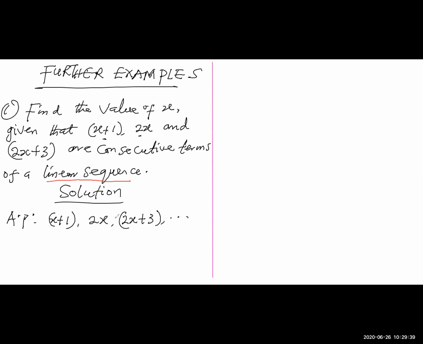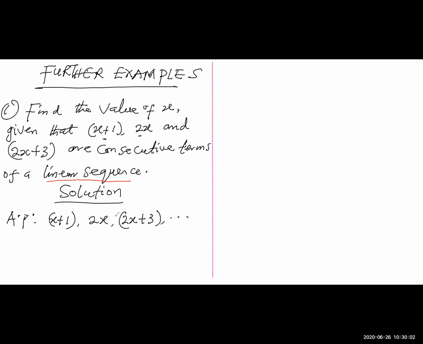Now you can see that we have come to kind of a little application here, though we're still going to deal with application in earnest when we finish both AP and GP. You will see that there's a little application here because they didn't ask you to find the first term, the common difference, or whatever, but they ask you to find the value of x, and this is an AP. So what then are you going to do?